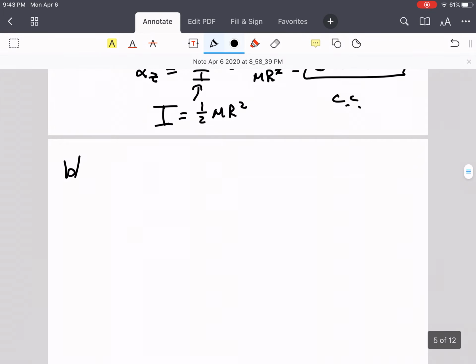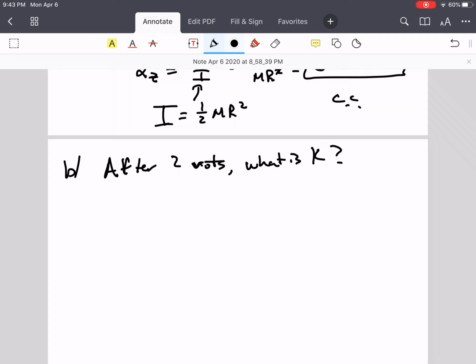And so now part B of the question asks, after it's done 2 rotations, or revolutions, those are used interchangeably, what is the kinetic energy? So again, if you didn't solve this part of the problem yet, take a minute, give it a shot. And now we'll go over the answer together.